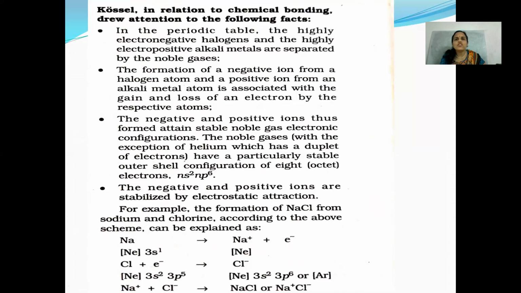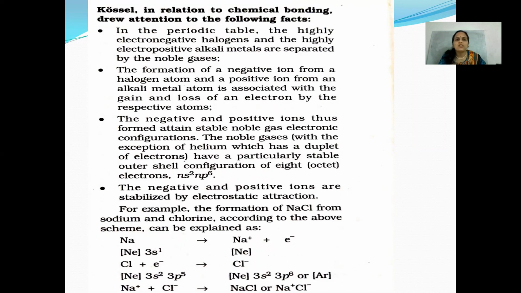Kossel, in relation to chemical bonding, drew attention to the following facts. The first fact: in the periodic table, the highly electronegative halogens and the highly electropositive alkali metals are separated by the noble gases. The second point: the formation of a negative ion from a halogen atom and a positive ion from an alkali metal atom is associated with the gain and loss of an electron by the respective atoms.